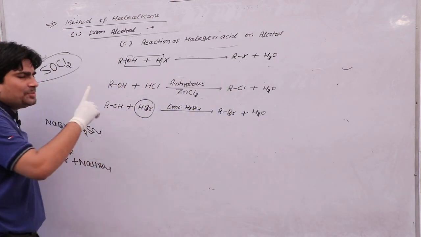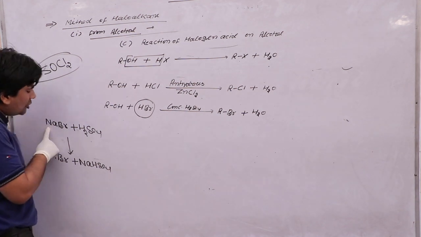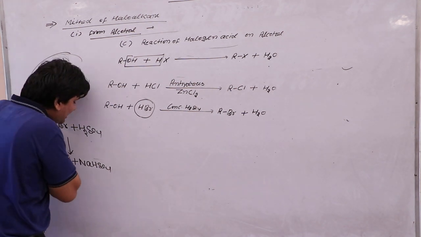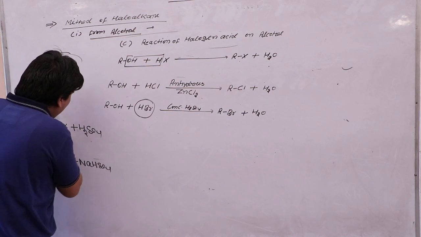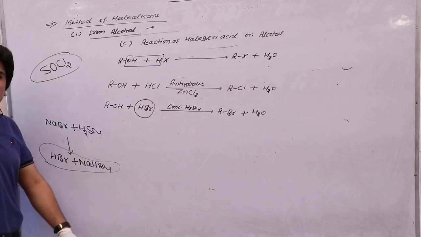But HBr is obtained by the reaction of NaBr and H2SO4, giving HBr plus NaHSO4.